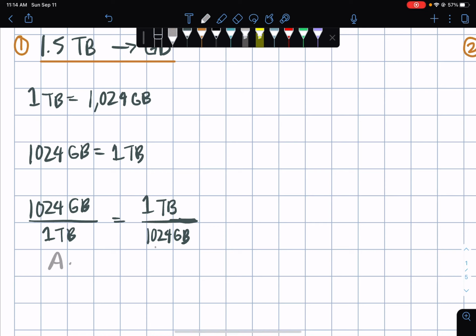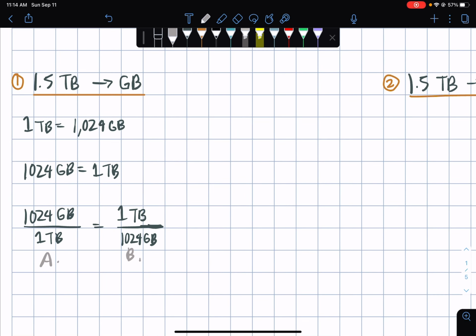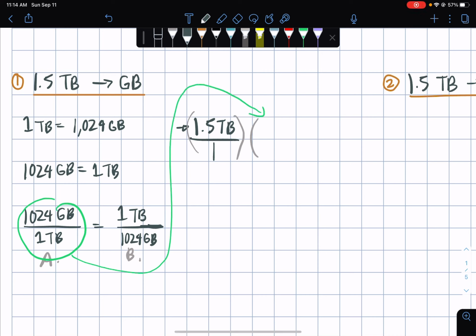So we have choice A and choice B. Right now, we write 1.5 terabytes and our denominator will always be 1. And you multiply it by the fraction that has terabyte in the denominator, which is this one. So we use choice fraction A. We apply it here, so 1024 gigabytes over 1 terabyte.